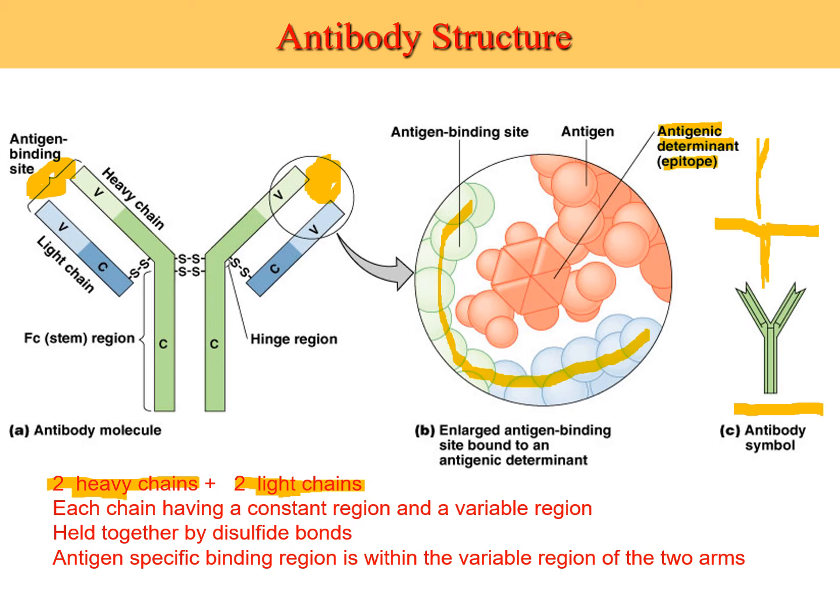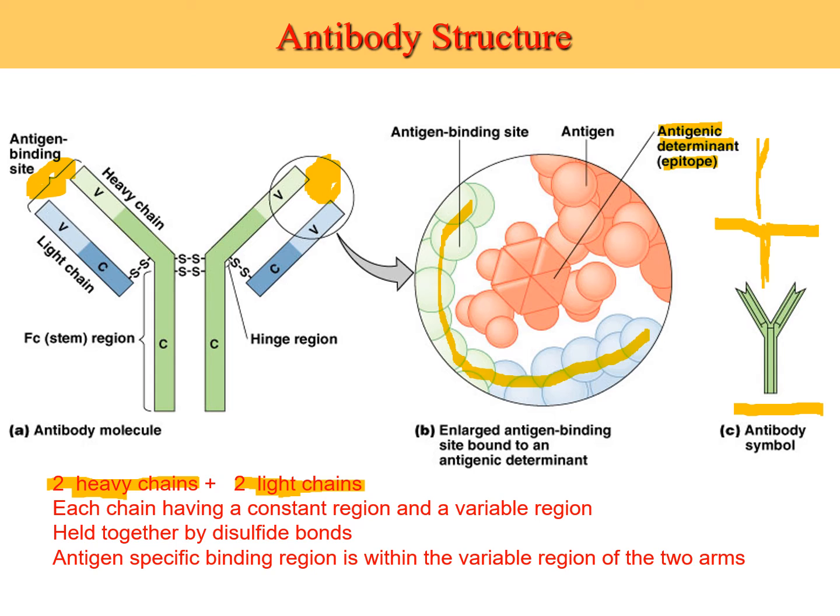The variable regions on the antibody molecules on one B cell will be different from the variable regions on the antibody molecules on the surface of a different B cell. And that's why they have different target antigens.